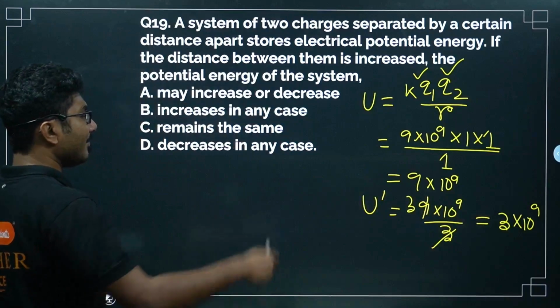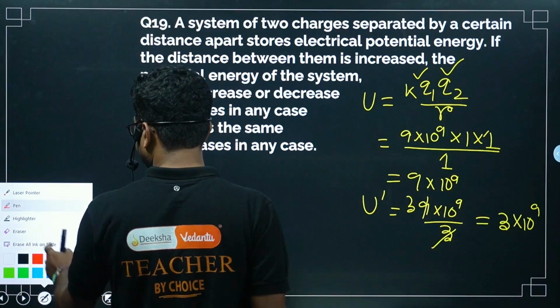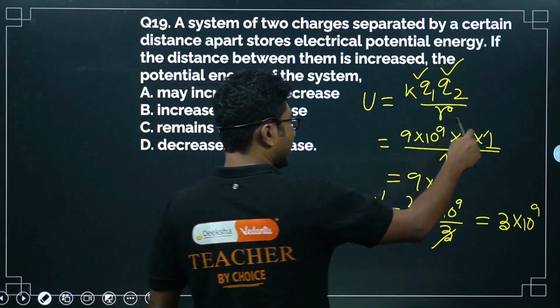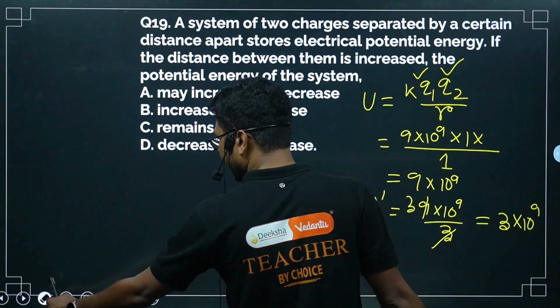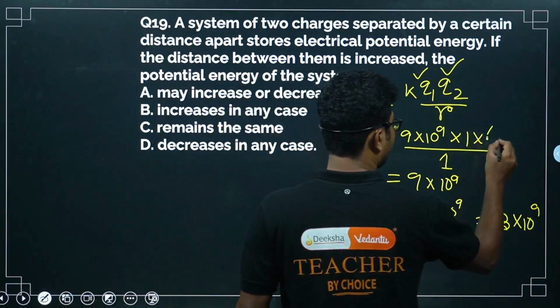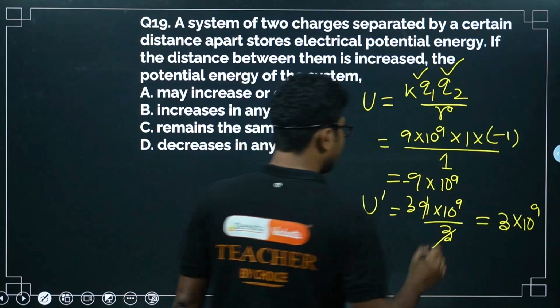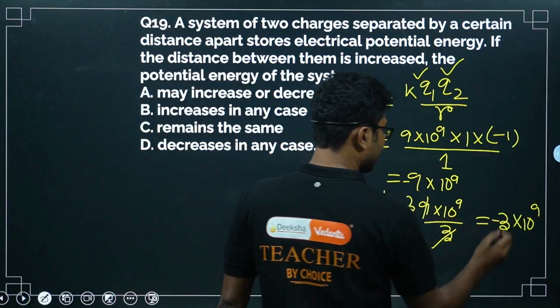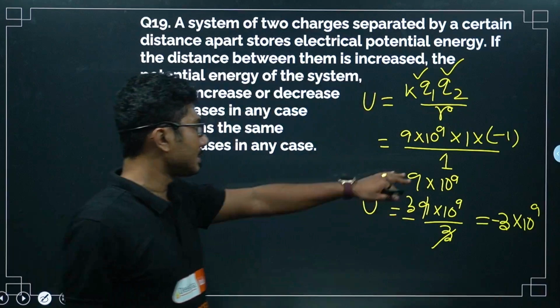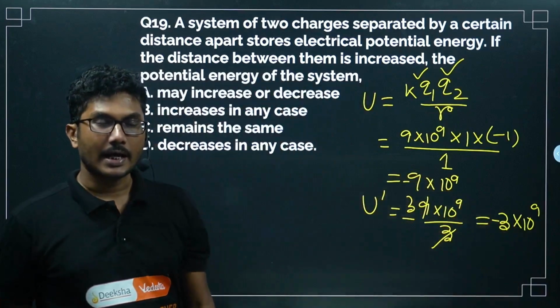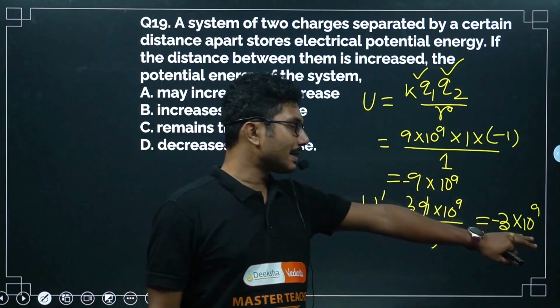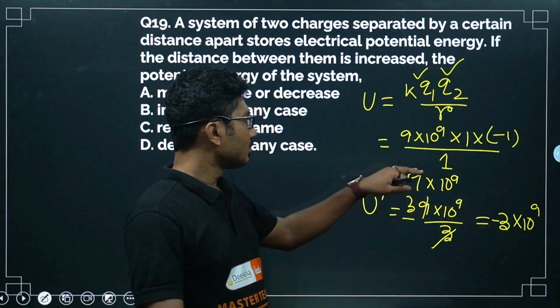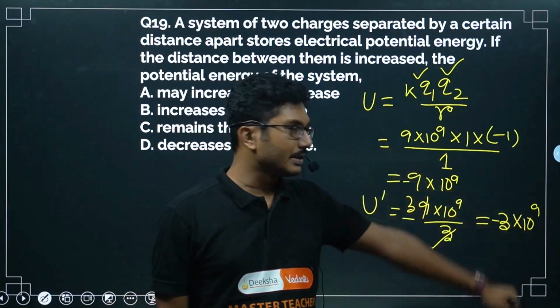Now similarly, if one charge, instead of +1, is now negative, -1, then what would have happened? Initial energy was -9, final energy is -3. Now which one is greater? In the negative terms, lesser the number, bigger it is, right? So -9 is smaller and -3 is bigger.